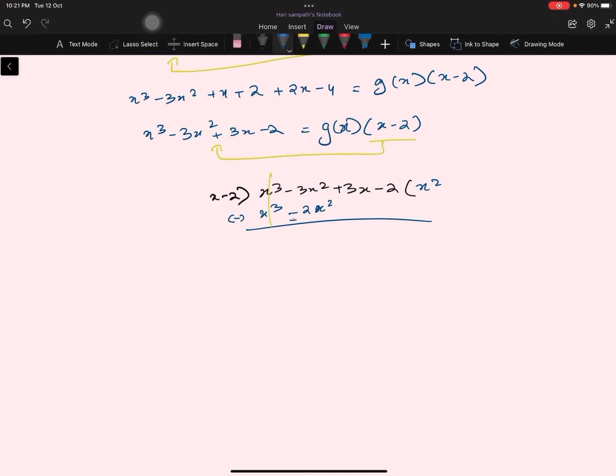The sign change here is positive, so I get minus x square plus 3x. I'm going to be multiplying it with x in order to get x square. And I added a minus over here in order to get minus x square. So minus x square, I'm going to subtract them.